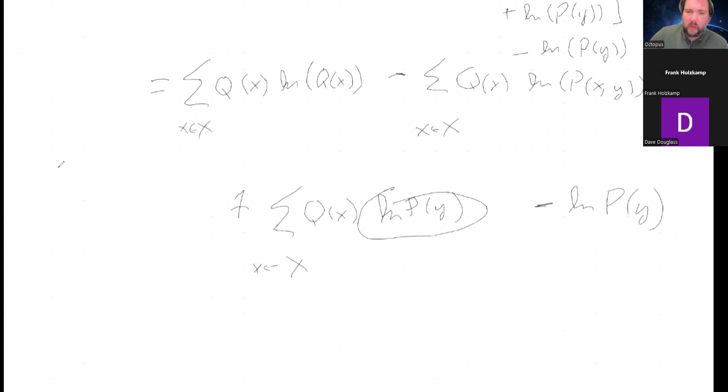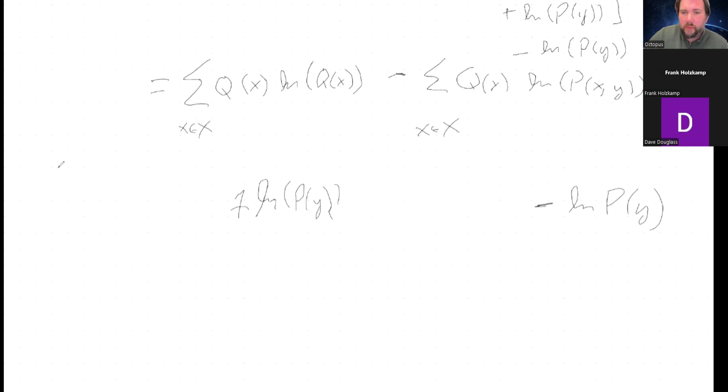And now I'm going to erase and rewrite for interest of space. So what this becomes is natural log of p of y times the sum over x in X of q of x.